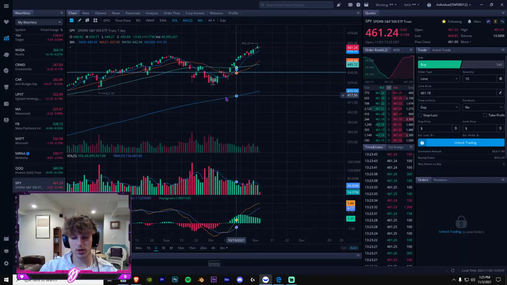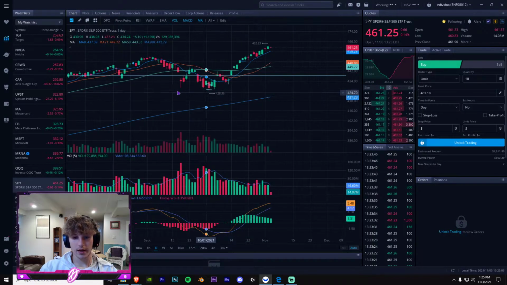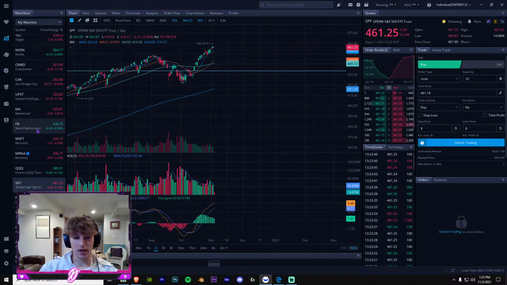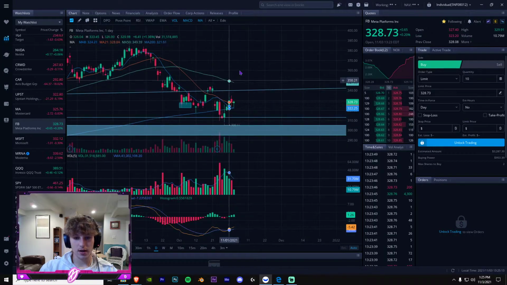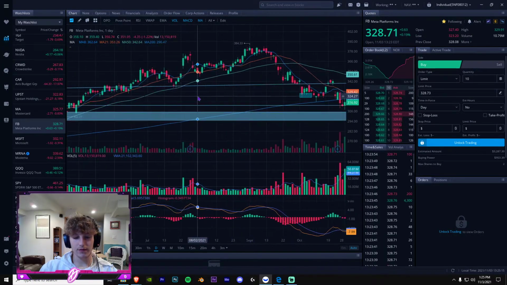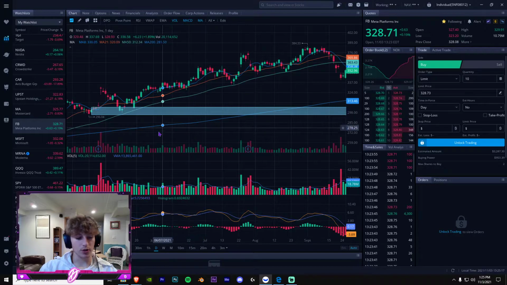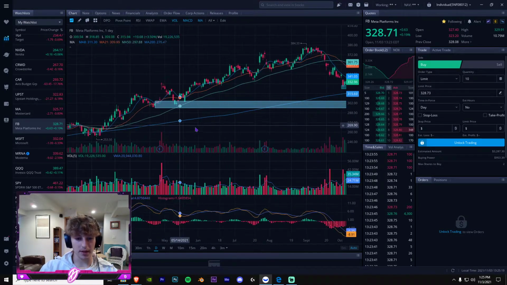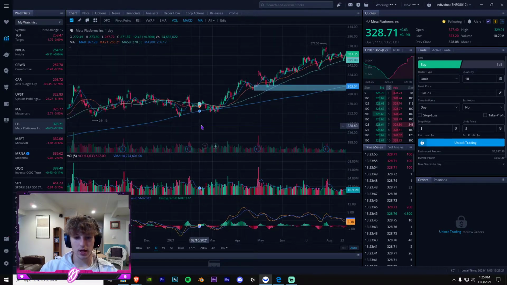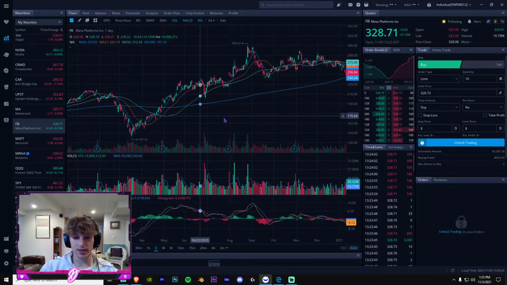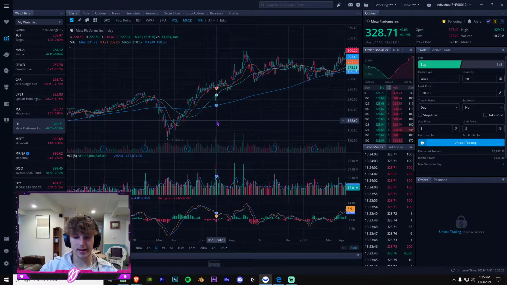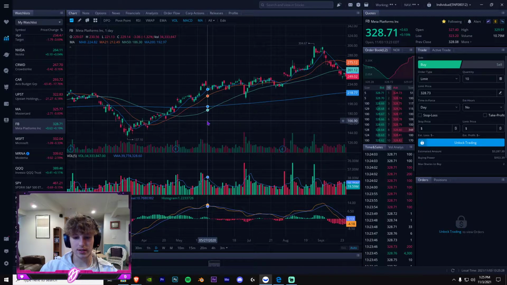So this would be the 200 moving day average line, and then this would be the 50. And if you look at other stocks, when we see the 50-day moving average go above the 200-day moving average, that would be a good swing trade to take, because usually when these crosses happen, it's not choppy.